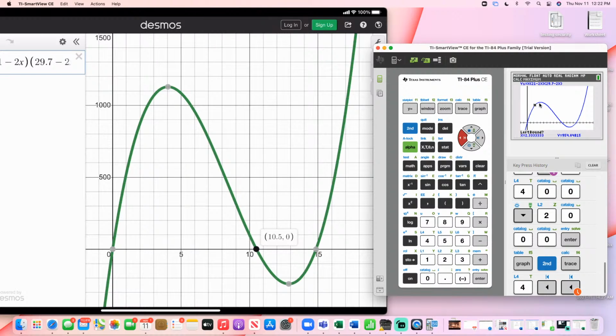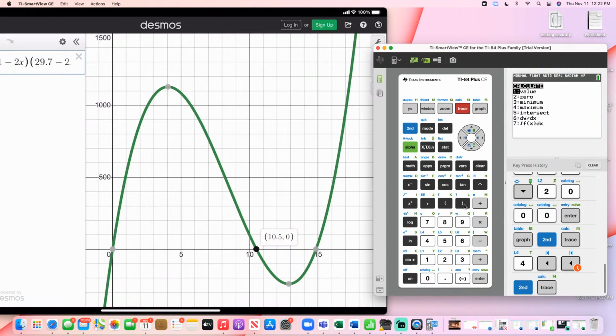Okay, I'll wait for Whitney. Okay, and what you're gonna do is left bound. On the left, you wanted this maximum, right? So first of all, second, trace, and then you're gonna do maximum, and you're gonna go left side of this maximum, and then you're gonna click enter.